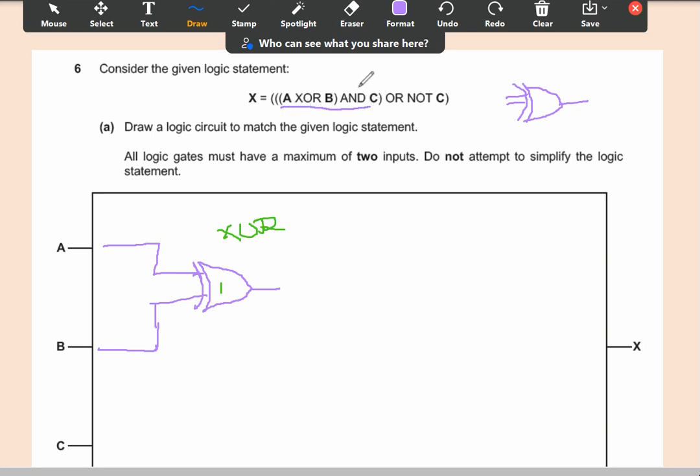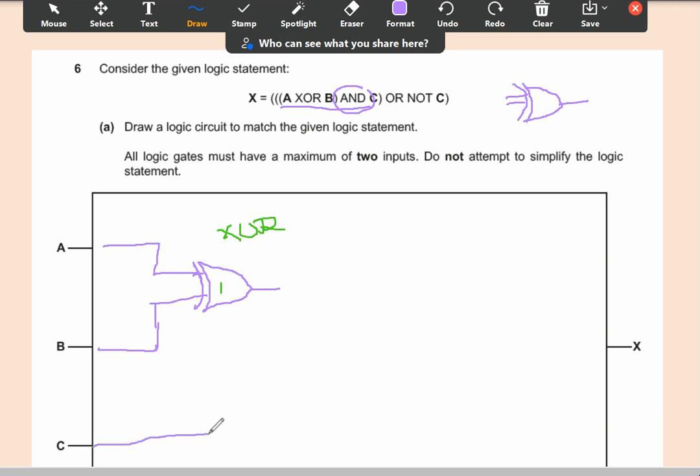All right. Next, the statement says to combine the A XOR B and C. As we know, the A XOR B is now in the first gate, gate number 1. To combine this gate number 1 with the input C using the AND gate, we have the input C here.